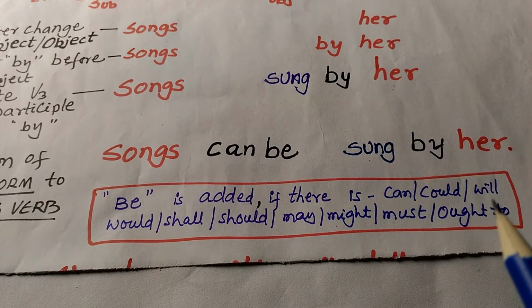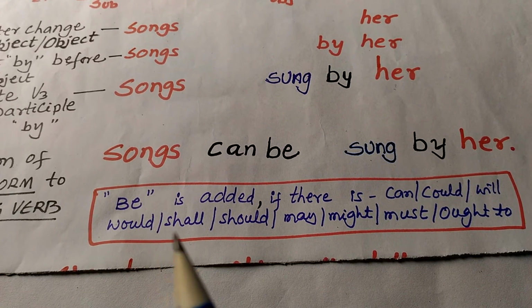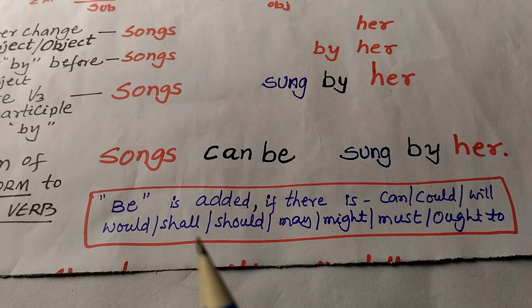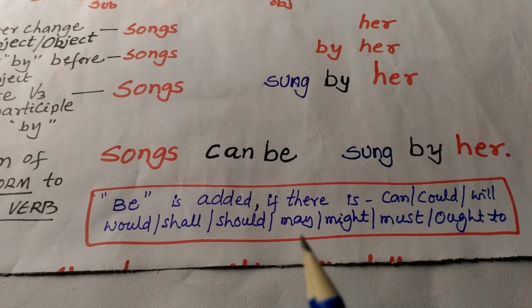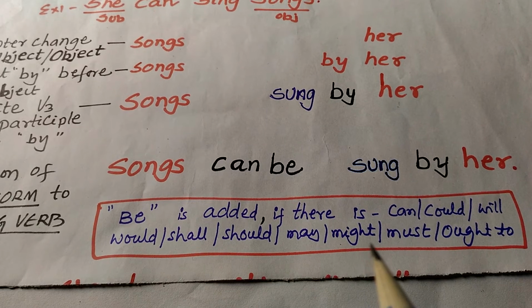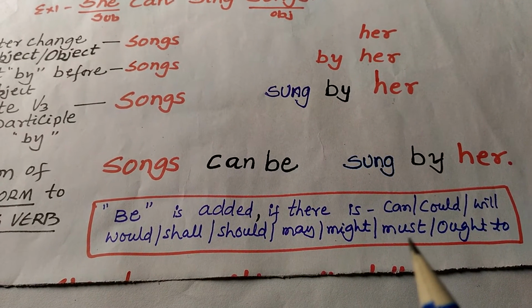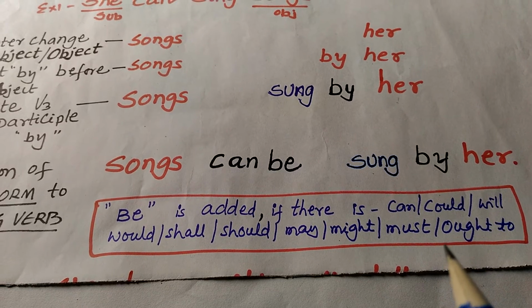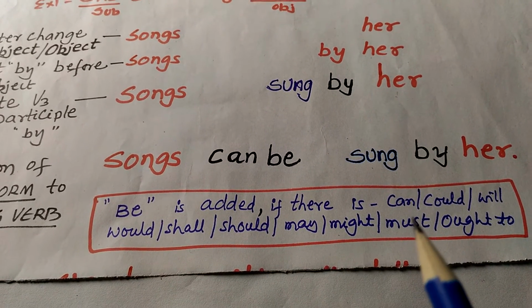If will is there, we have to write will be. If would is there, we have to write would be. If shall is there, we have to write shall be. If should is there, we have to write should be. If may is there, we have to write may be. If might is there, we have to write might be. If must is there, we have to write must be. In this way, we can add be to these helping verbs.